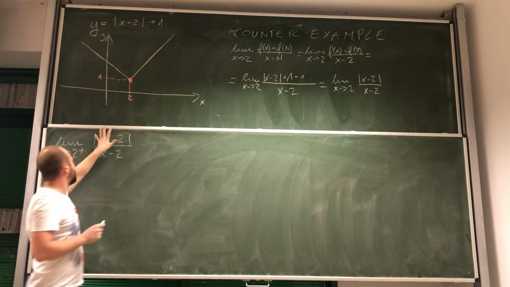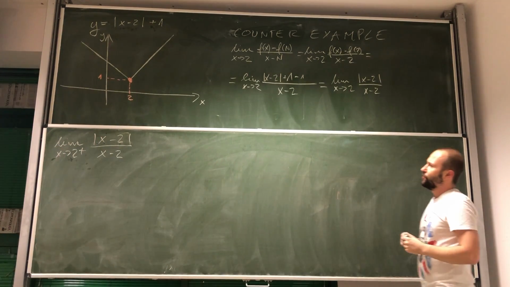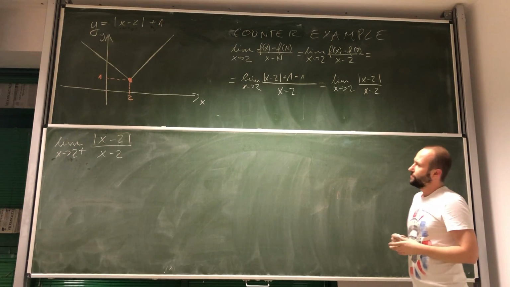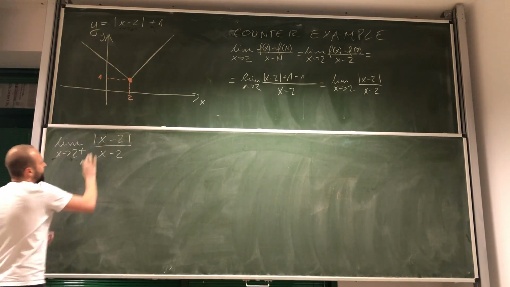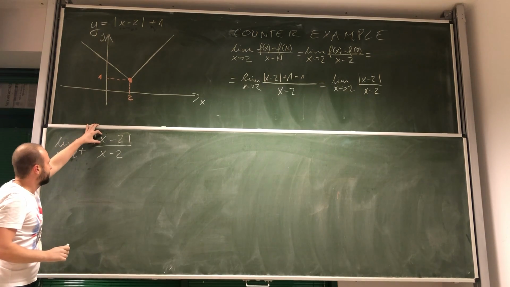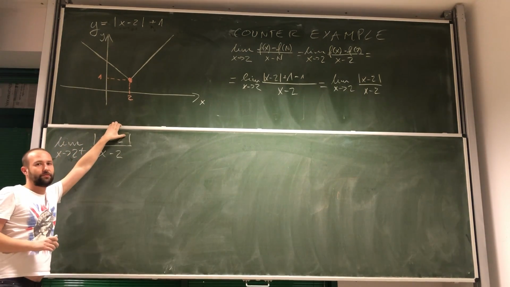What does it imply for the absolute value inside? Well, I would say that this implies that actually x must be bigger than 2, right?